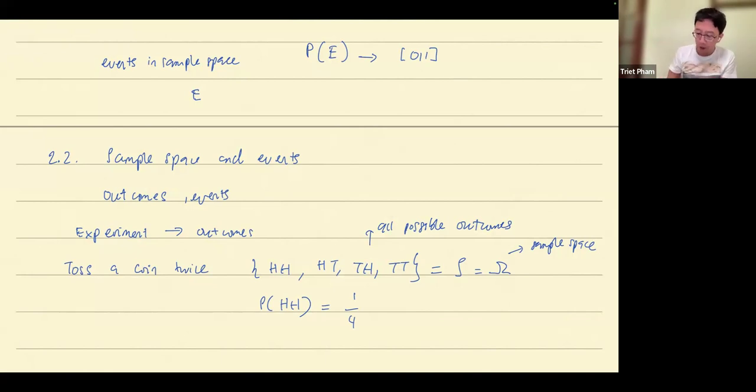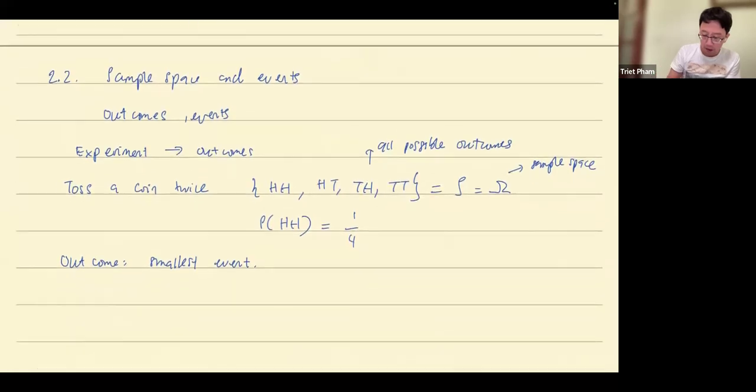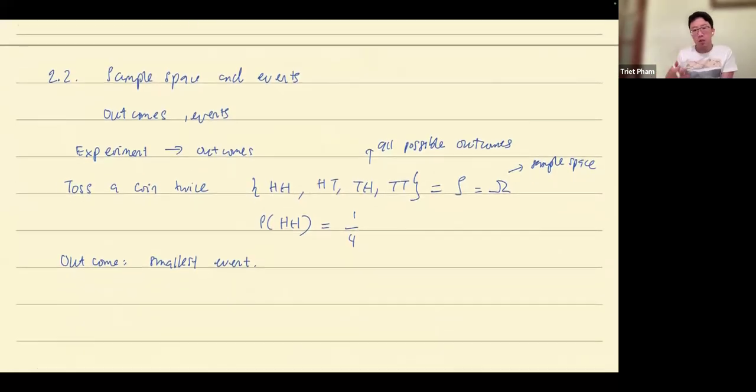But what I'm trying to tell you is that an outcome is not the only event possible. You can think of an outcome as the smallest event, meaning that there's no sub-event inside.